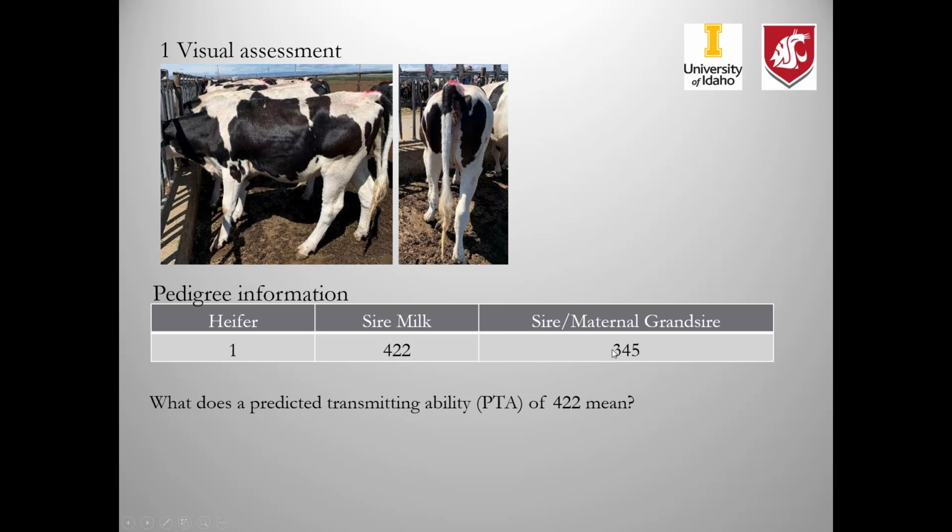When we look at the sire and maternal grandsire information, which is weighting this with 2/3 of the sire's information, which is 422, plus 1/3 of the maternal grandsire information, we see that that number is 345, which means the maternal grandsire must not have been quite as outstanding as the sire.